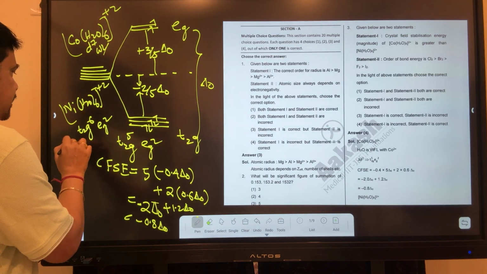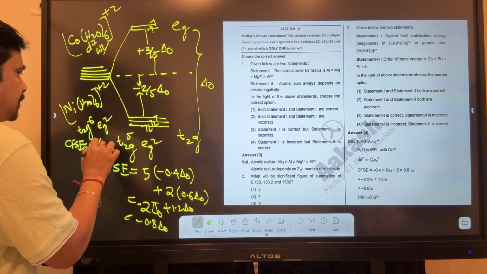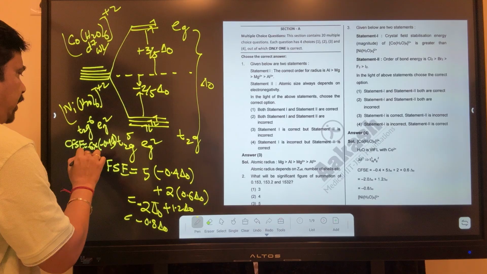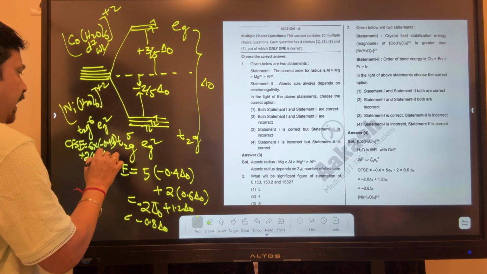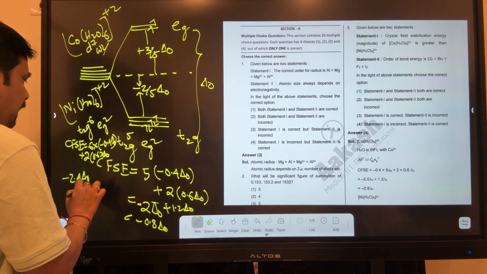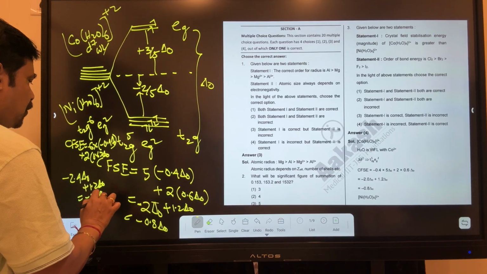Then my CFSE expression will be 6 times -0.4 delta naught plus 2 times 0.6 delta naught in Eg, which gives -2.4 delta naught plus 1.2 delta naught. Overall the value is coming to -1.2 delta naught.